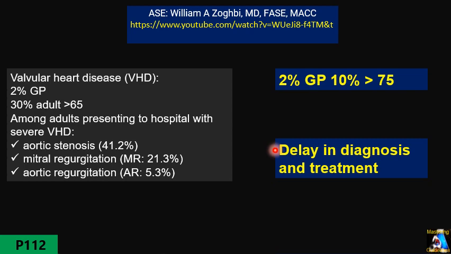If we don't catch it at that moment, later when it is established, it comes with many complications. At the top of them is CHF, which is almost always irreversible, so we cannot bring the patient's life back, and survival will drop hugely. So our point is catching the severe MR at an early stage.